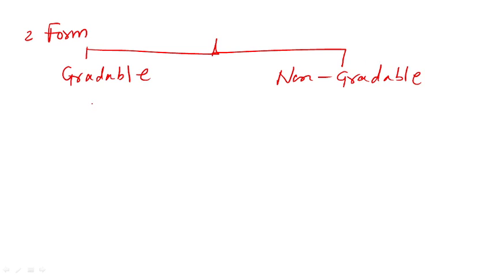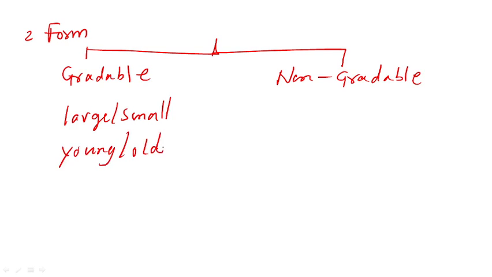The examples of gradable adjectives are related to size, age, etc. For example, large, small, young, old, etc. Gradable adjectives can be modified by degree adverbs like very, rather, utterly, etc. Now non-gradable adjectives refer to absolute or non-qualities like nationality.